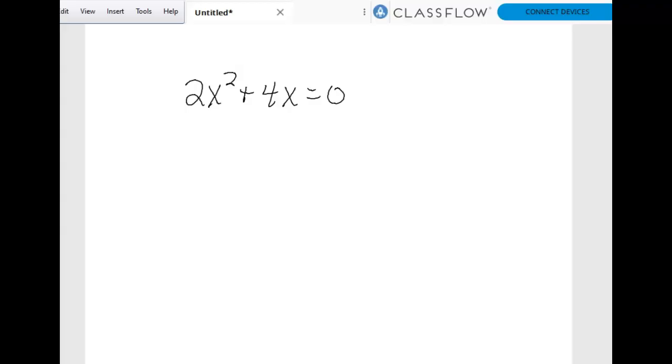Okay. So how many terms do I have? We only know one thing to do. What do we have to find? Find the greatest common factor. It's the only thing we know how to do. So I'm going to have 2x.